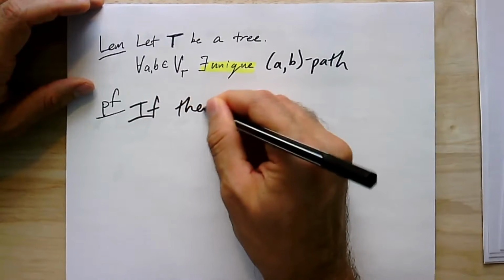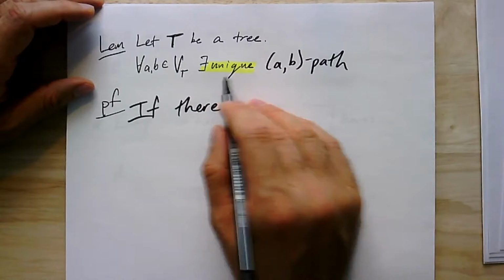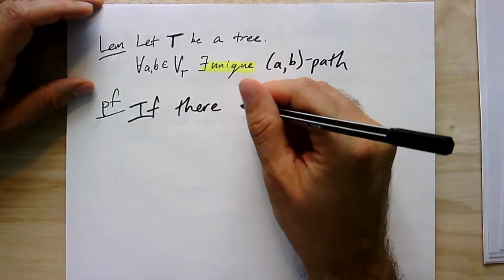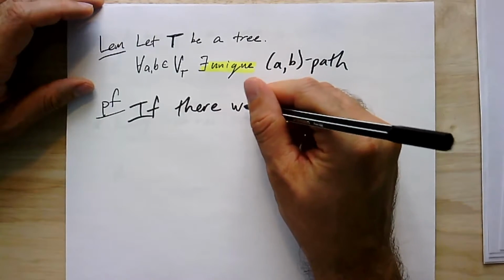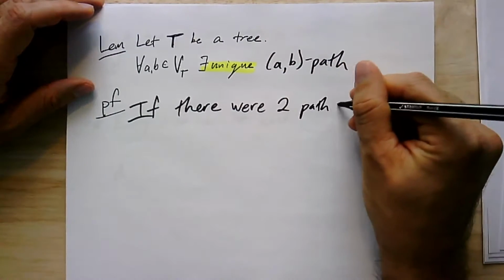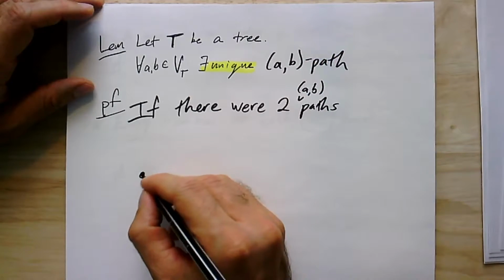I claim again that the existence of some path is obvious from the connectivity of the graph, but the uniqueness is interesting. So if there were two paths, and again, this is A, B paths, then let's draw what they could look like.